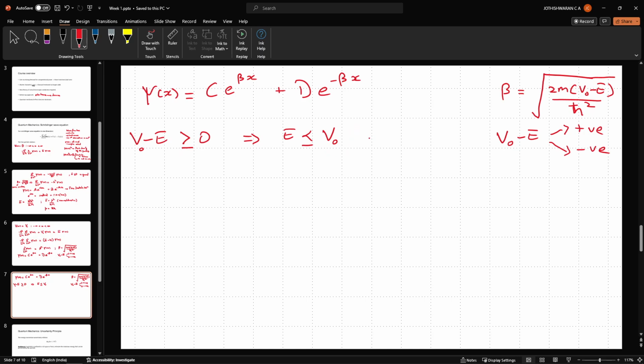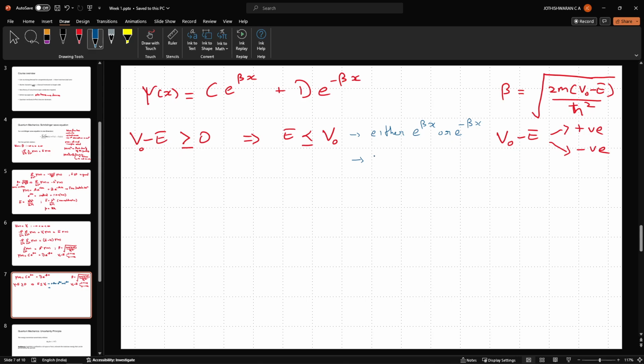Because if x is positive, then as x becomes larger and larger, e to the power beta x will tend to infinity. If x is negative, as I tend to minus infinity, e to the power minus beta x will tend to infinity. Therefore, we will have to take either this term over here or this term over here, depending on which part of the x-axis we are in, the positive axis or the negative axis. So what we have to remember here is, from this we have the first point, either e to the power beta x or e to the power minus beta x, and of course whichever, if I'm in the positive side, I will take e to the power minus beta x.